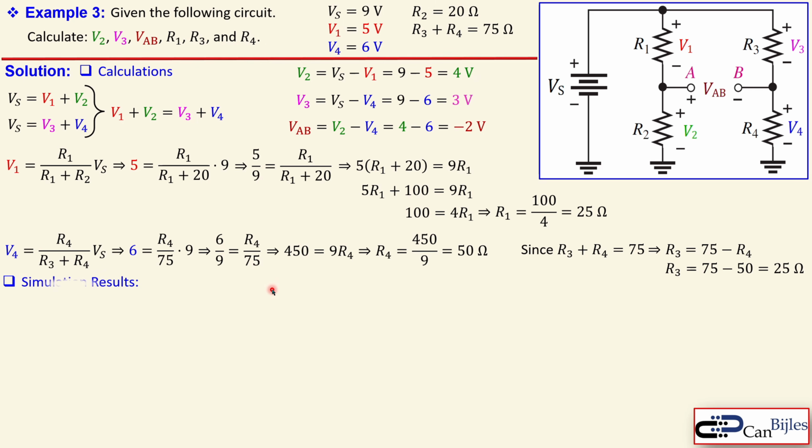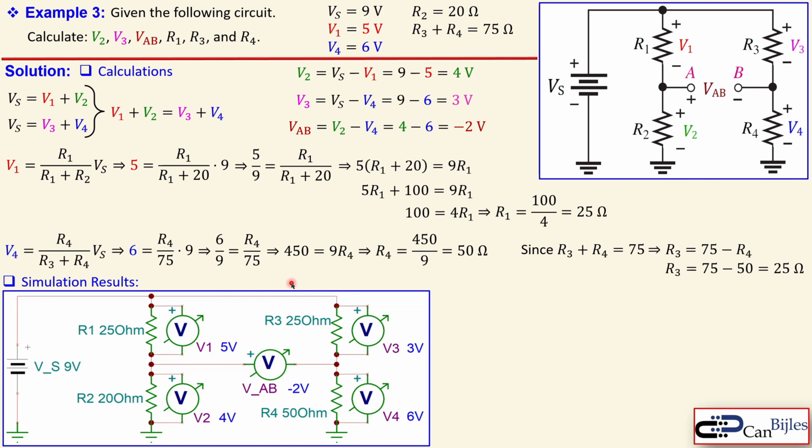Okay, let's now look at the simulation result. This is again the circuit in the SPICE simulator. You see the 9 volts, resistors, and also the voltmeters here. All according to the values given and what we have calculated, because this is 5 volts V1, this is 6 volts V4 which is given, and we have calculated V2 which is 4 volts, it's shown here, and V3 was 3 volts, shown here, and VAB between this node and that node is minus 2, also verified.